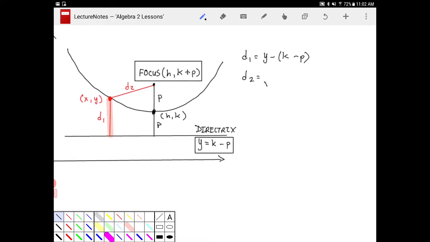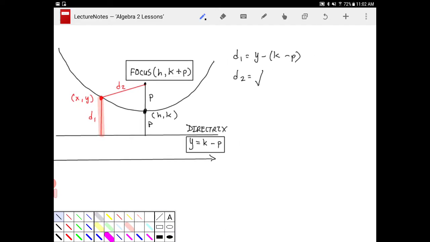So that will be the square root of, again, a difference of x, so it's x minus h, quantity squared, plus y minus quantity k plus p, quantity squared.